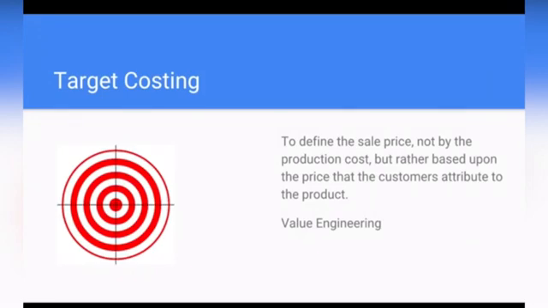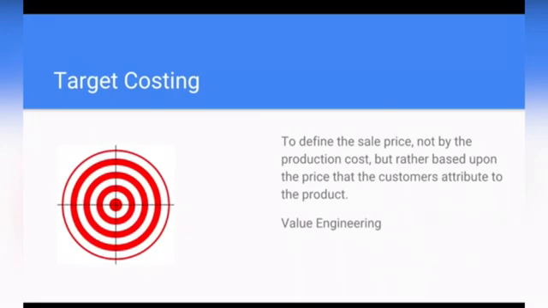So basically what that means is the company would do some research in the field and see what customers are willing to pay for products similar to theirs, and then with that knowledge, as well as things that they can improve on or change on the products that they're wishing to produce, they determine a price that they'd like to sell it at, and then they try to produce a product at that price plus their desired profits.